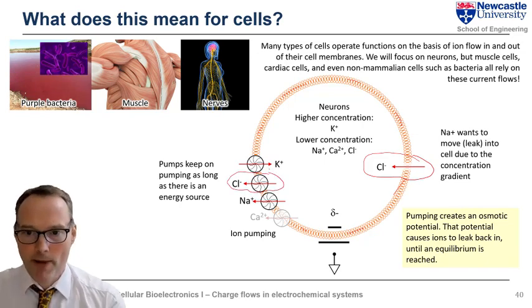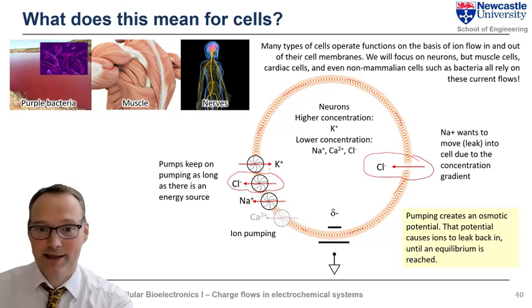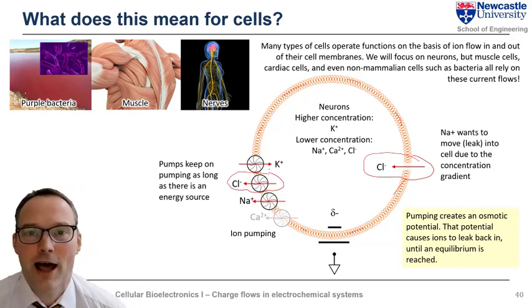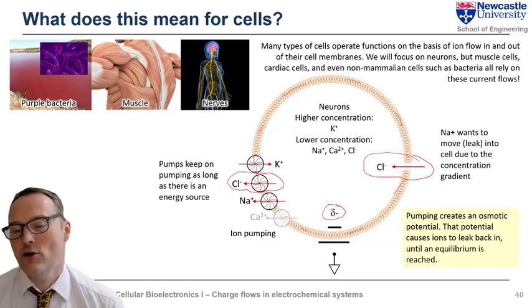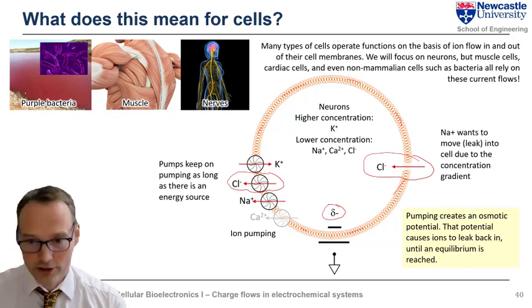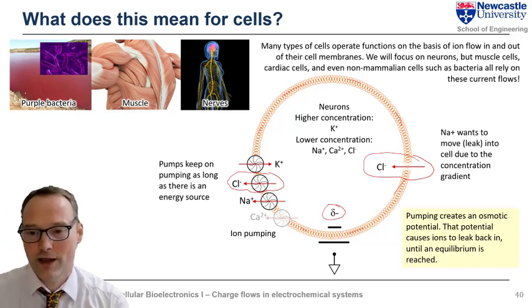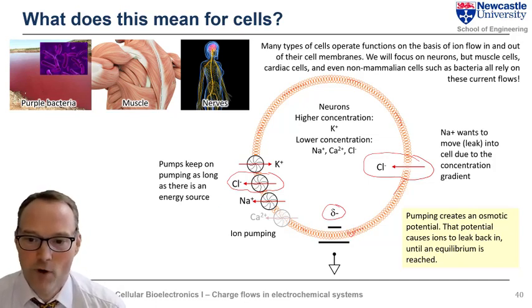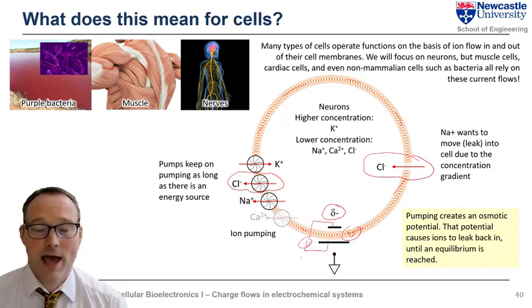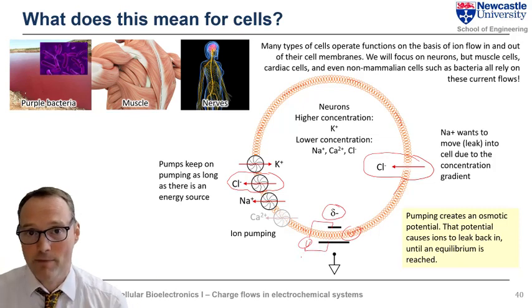And if you pump out negative charges from inside the cell to outside the cell, then you end up with less negative charge inside compared to outside, and this makes your inside a little bit more negative, and that creates a voltage across your capacitance, which is your cell membrane.